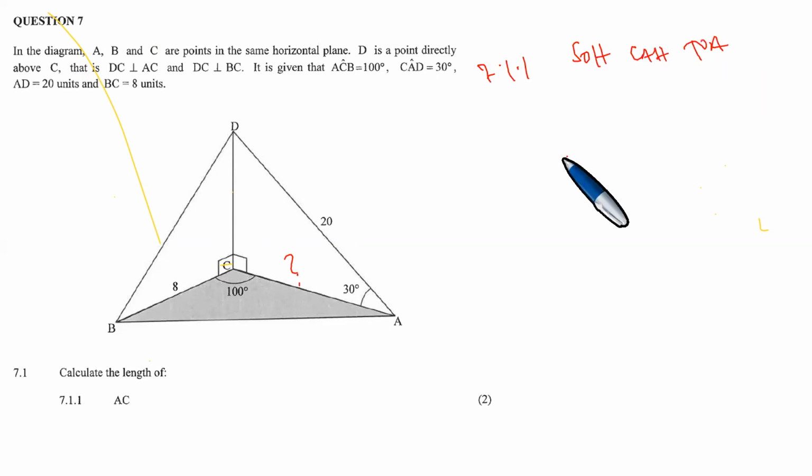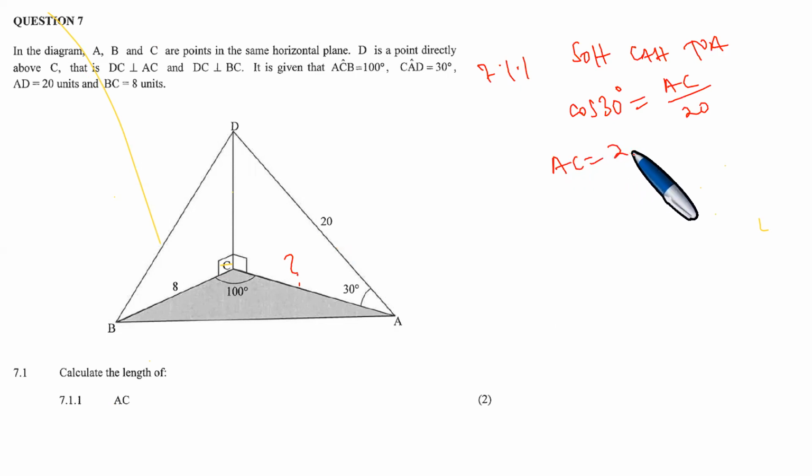Okay. So now, in view of SOHCAHTOA, what do we say? So it is the adjacent over hypotenuse, it is the cosine, right? So the cosine of 30 degrees is adjacent, which is AC, over the hypotenuse, which is 20. Right, the hypotenuse is 20 units, so which means that AC is 20 cosine 30.